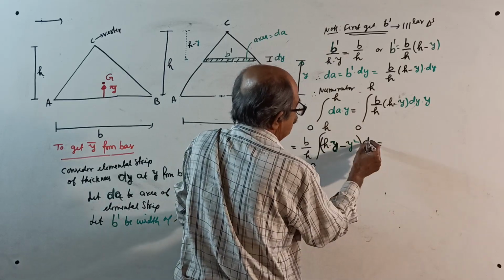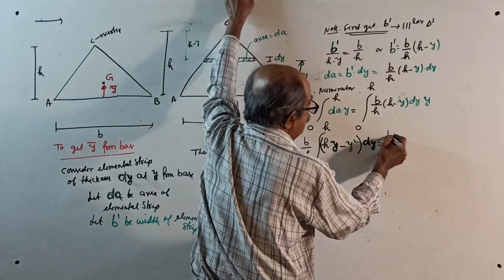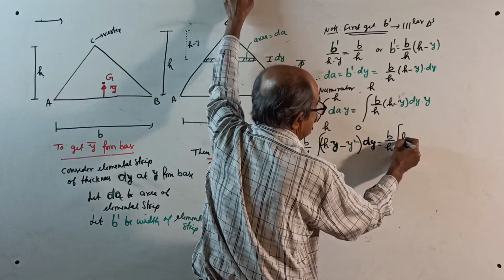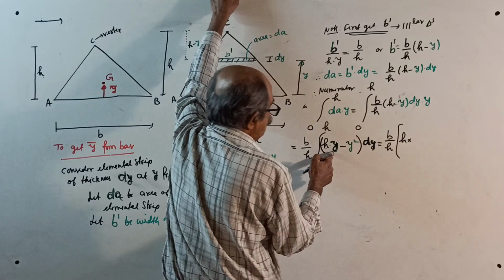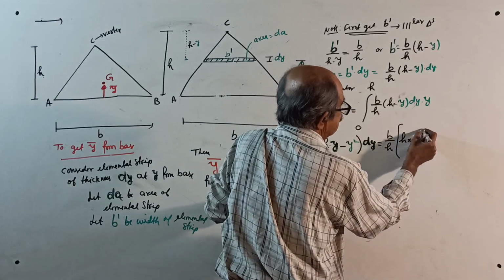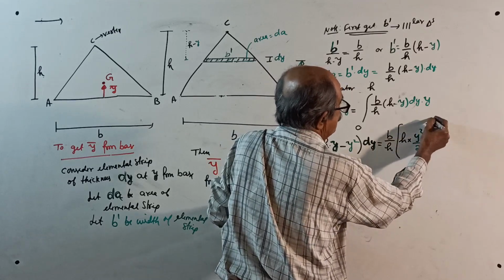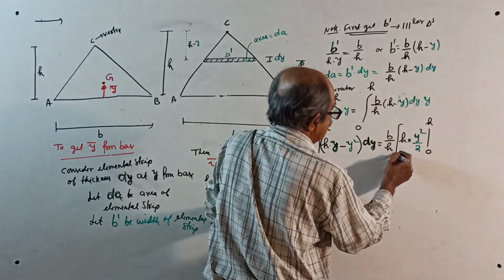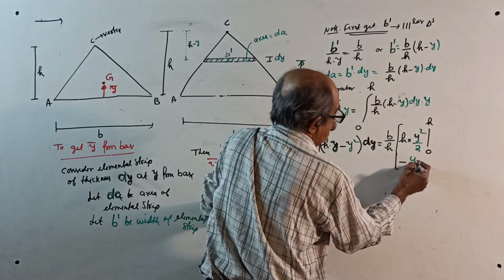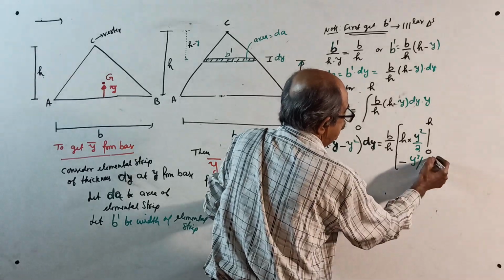This equals b by h, of h into y becomes y square by 2 from 0 to h, and minus y square becomes y cube by 3, again from 0 to h.